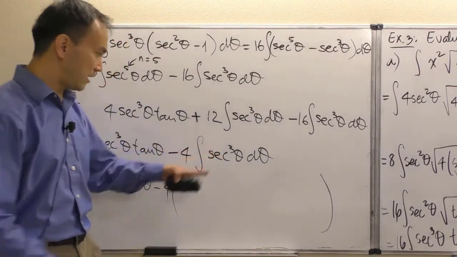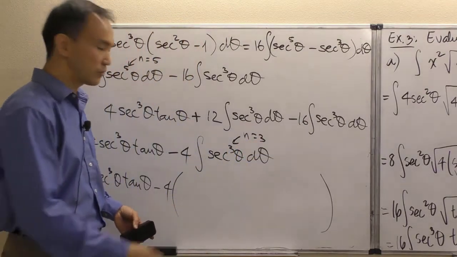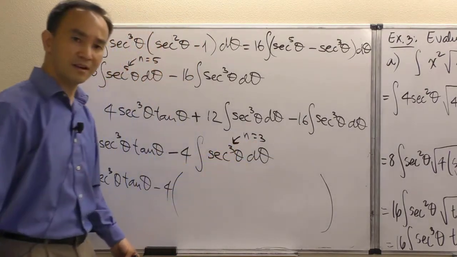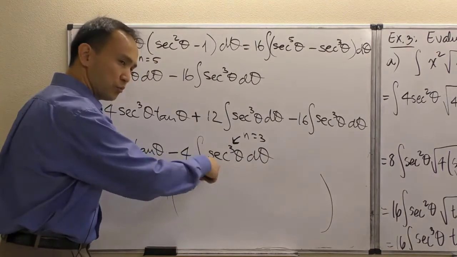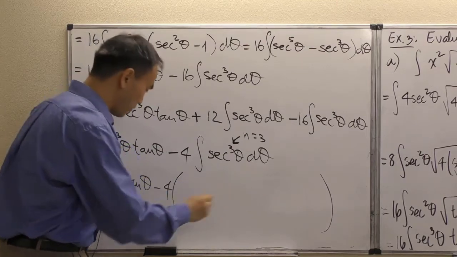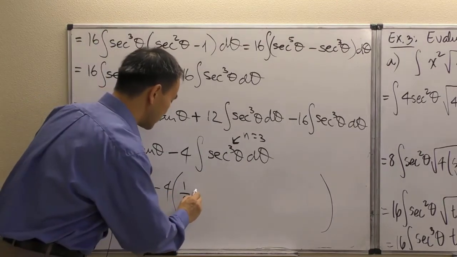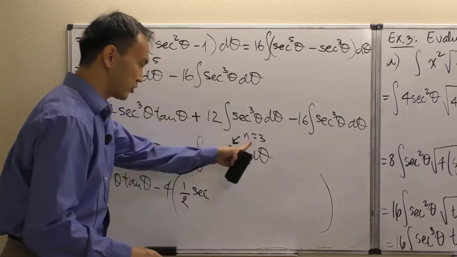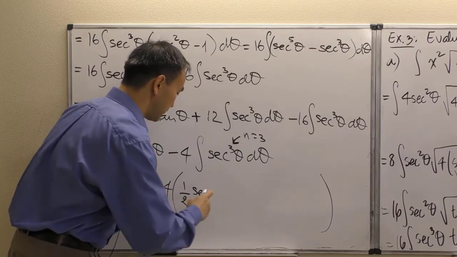Okay, but power n is 3 this time if we are using the power reduction formula. Okay, so power n is 3. And so in this case here, I'm looking at 1 over n minus 1, which is a 1/2. Okay, which is a 1/2 times secant, but n minus 2. So this is secant, just a secant up to the first power.